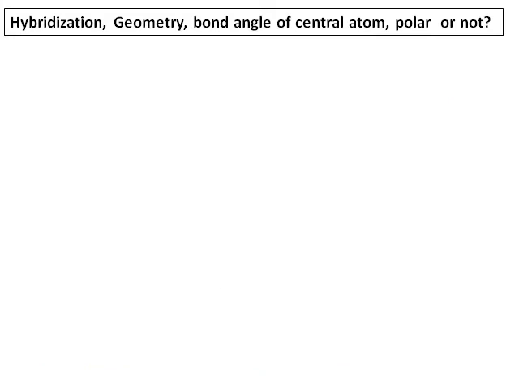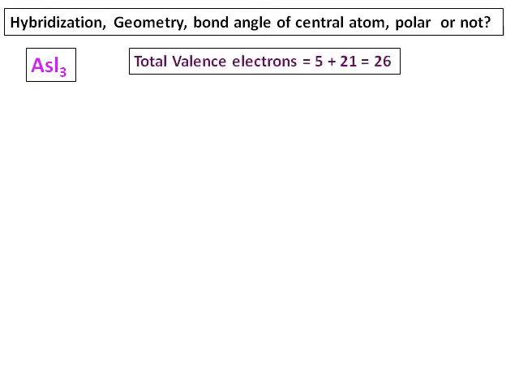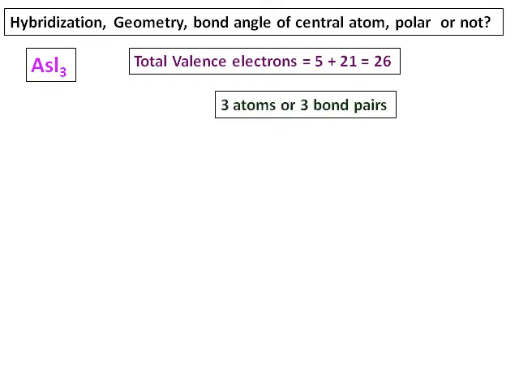So the next molecule we are going to find the bond angle, polarity, etc. is AsI3. So count the valence electrons. We have 5 plus 21, therefore 26. I have 3 atoms, therefore 3 bond pairs. 3 times 2, 6 electrons are used up.